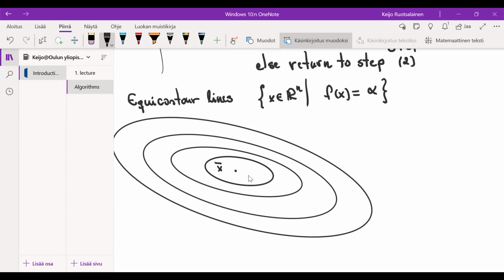And then I have here somewhere xk. And I take the search direction. And of course, in the very beginning, the obvious search direction is minus the gradient.